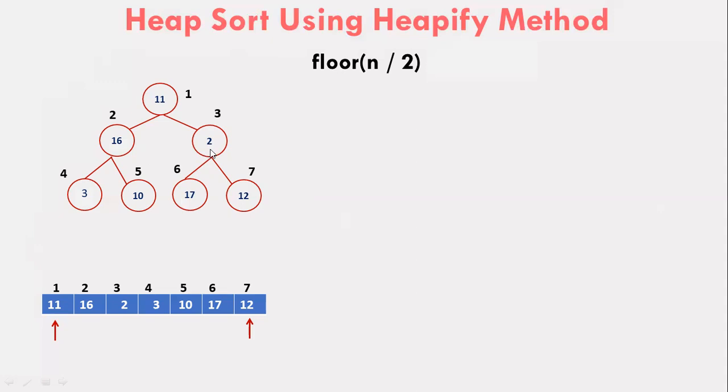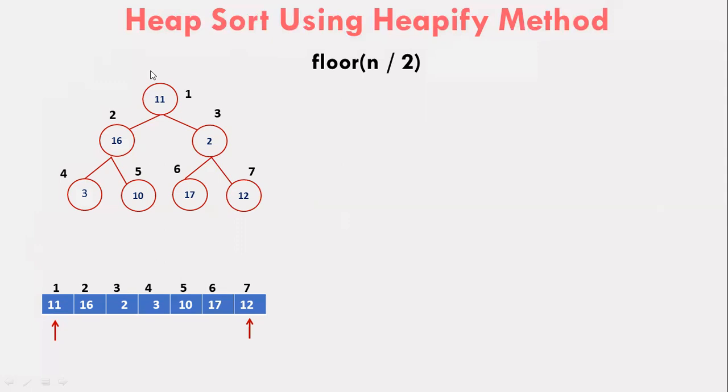So my 17 will come here and 2 will go here. Again, we have to compare this particular node with index value 3, that is 17, with its parent, then this with its parent. So this is the process we have to do for converting it into a max heap.